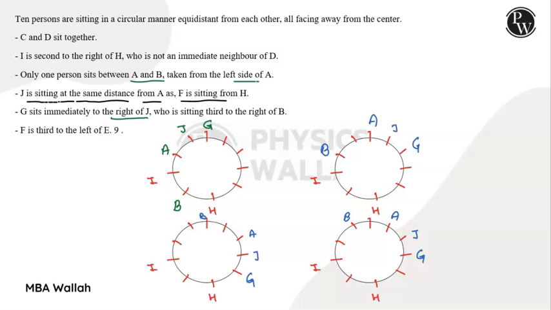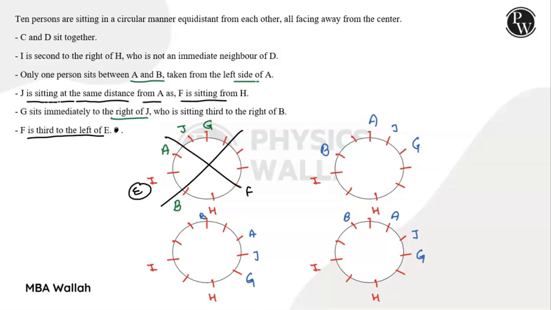And we are also given F is third to the left of E. Now, if H and F are neighbors, then F should also satisfy the condition of being third to the left of E. If we try to place in the first case, the only possibility for F is to be here. In that case, E will be at which position? F is third to the left, then E will be here, but here I is already there. So this case is eliminated.